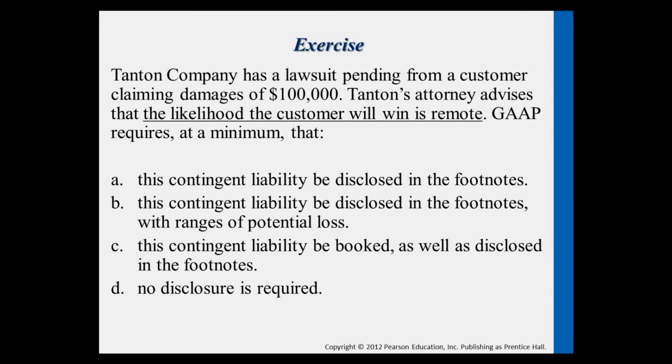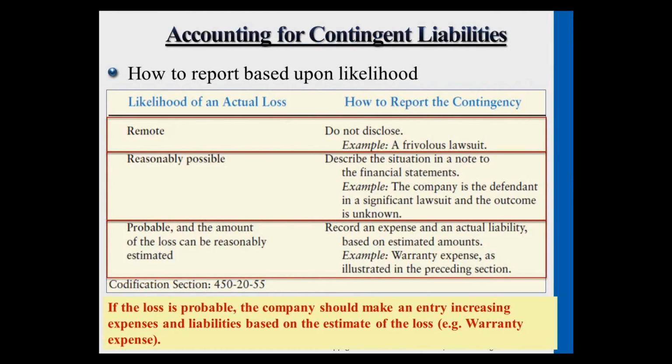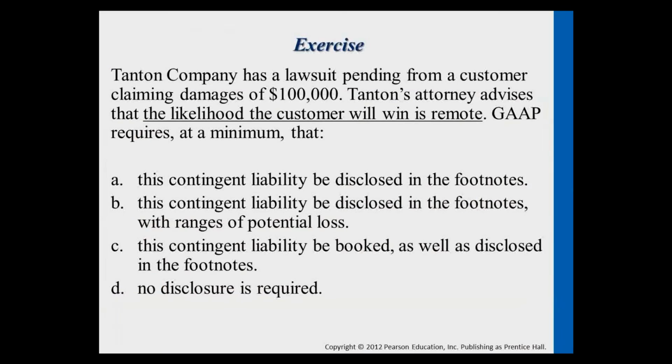Do we need to disclose it? If it's a remote case, least likely that our company is going to lose, we don't have to do anything, right? Only when it's the second layer or third layer, we have to actually either explain the situation or journalize the transaction on estimating the losses. But if it's a remote case, least likely it's going to happen, we don't have to take any action now.